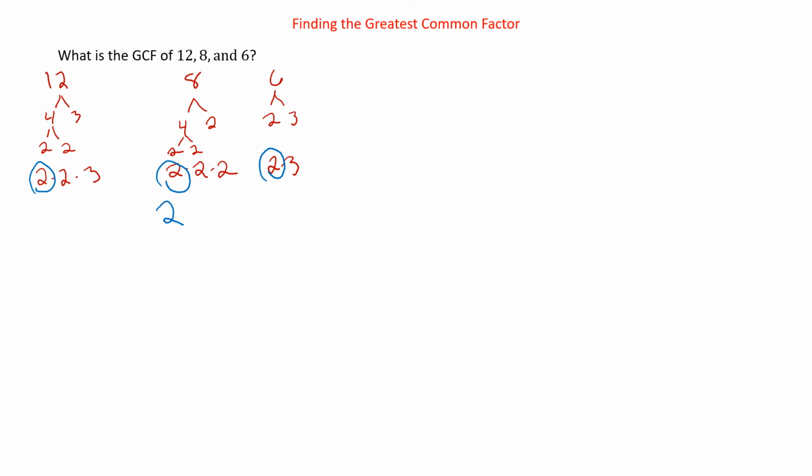All right, well, that's with numbers. What about with a polynomial? So we would do the same thing. We'd factor each of these. Now we could write them multiplied out.